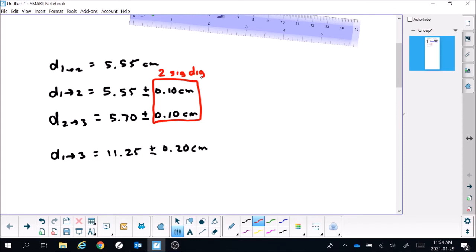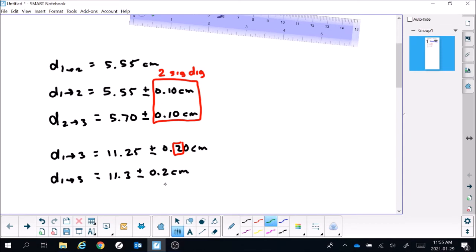And when you have leading significant digits starting with 1, you state them to two significant digits. You'll notice that the leading significant digit here is a 2. Zeros before the decimal, this guy right here, is insignificant. Because this starts with a 2, we must state our uncertainty to 1 sig dig, and this comes out to 11.3 plus or minus 0.2 centimeters.